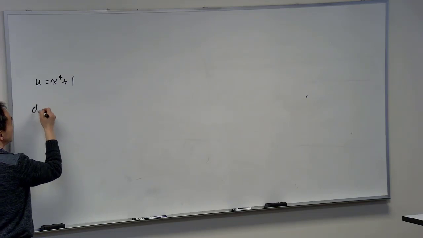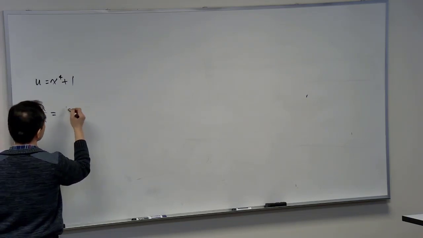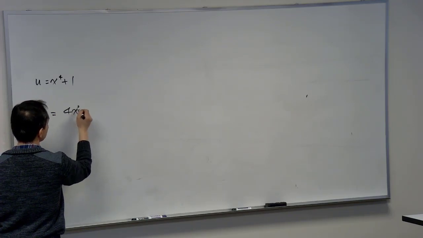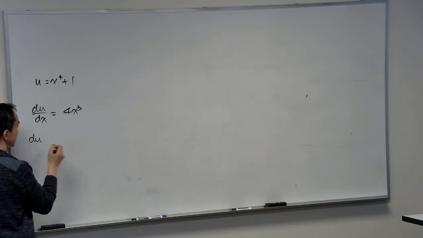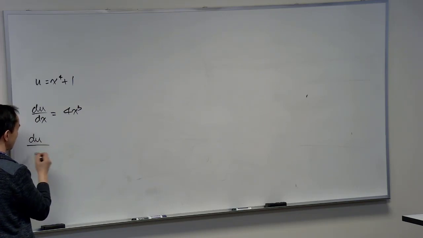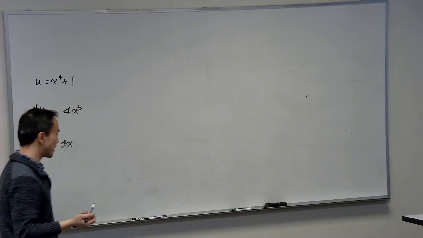We go, how about du dx equals 4x cubed. You guys agree? Right. And then that means, solving for dx, we're looking at du over 4x cubed equals dx. Are we good at that? So now we're ready to put it in.